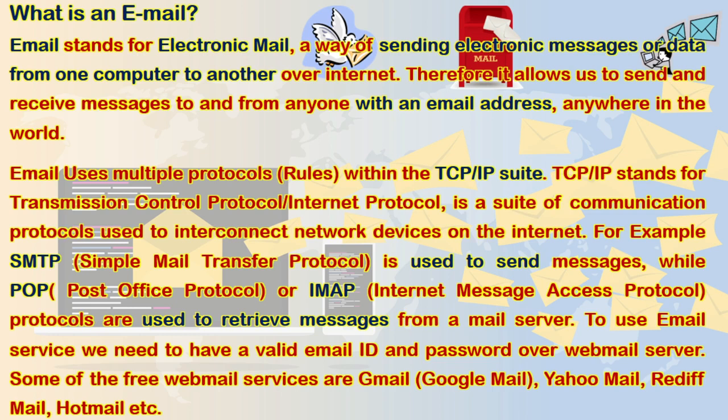On the other hand, IMAP stores the message on the server and synchronizes the message across multiple devices. To use email services, we need a valid email ID and password on a webmail server. Some of the free webmail services are Gmail, Google Mail, Yahoo Mail, Rediff Mail, Hotmail, etc.